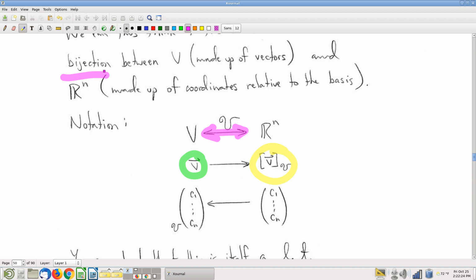You give me a vector, there's exactly one list of coordinates. You give me a list of coordinates, there's exactly one corresponding vector. Perfect pairing between vectors and lists of coordinates. And, of course, that's a function. That's what this is, a really nice function, in fact. This is a bijection. So it's a weird way to think about a basis, but it's an important way to think about a basis. Think of a basis now as a function from vectors to coordinates or vice versa.